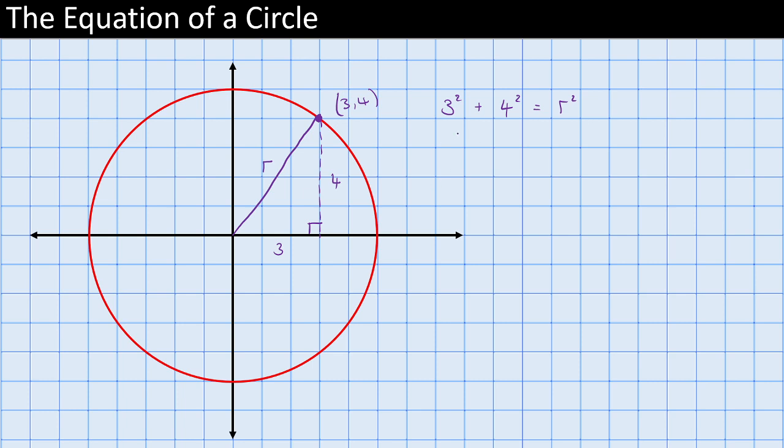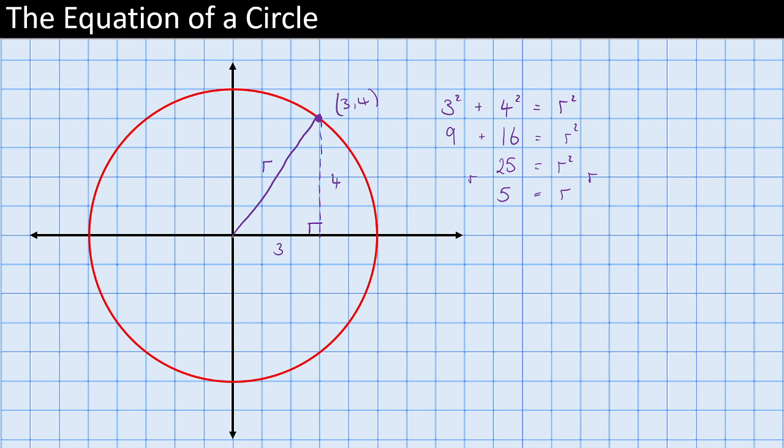And we would be able to carry through this and say 9 plus 16 is equal to the radius squared, or 25 is equal to the radius squared, which means that the radius will be equal to 5 because we can square root both sides.